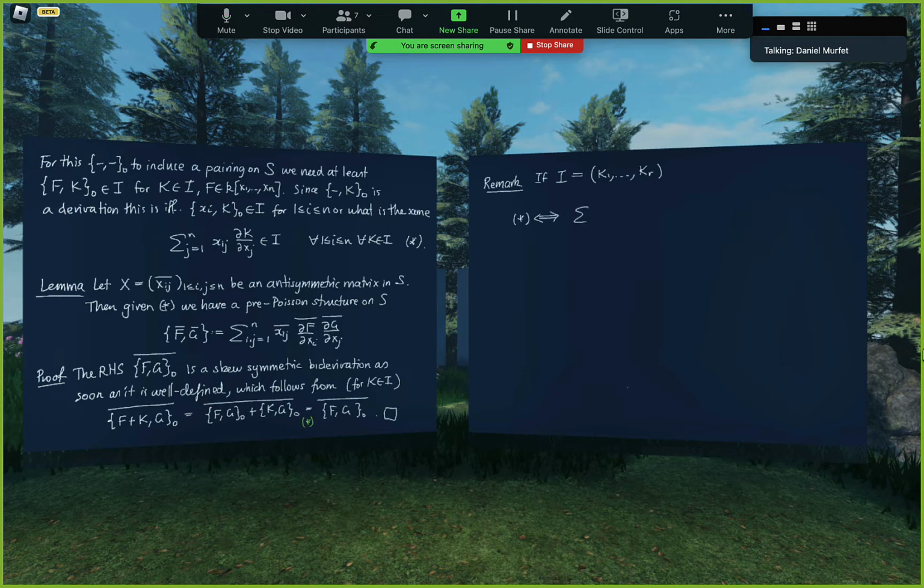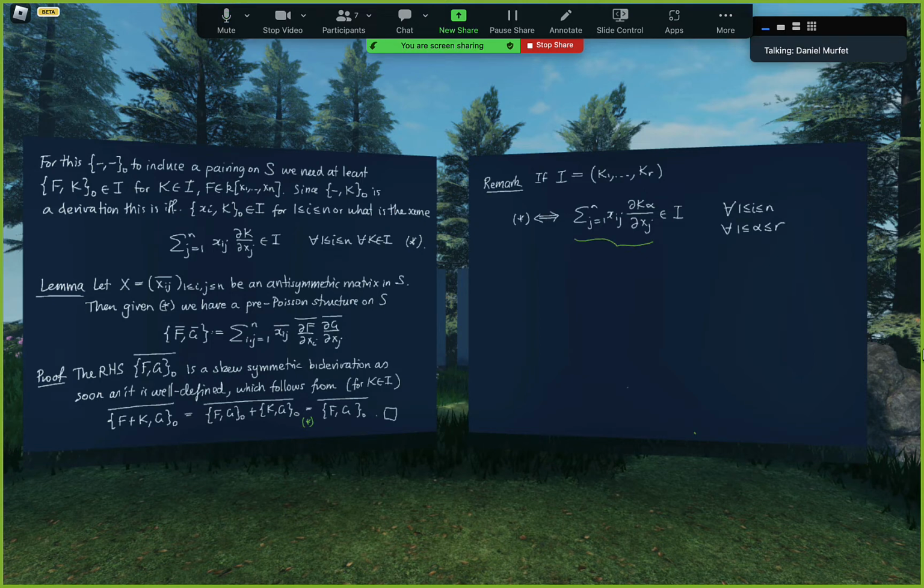So you need the sum over j equals 1 to n of xij times the partial derivative of K alpha.